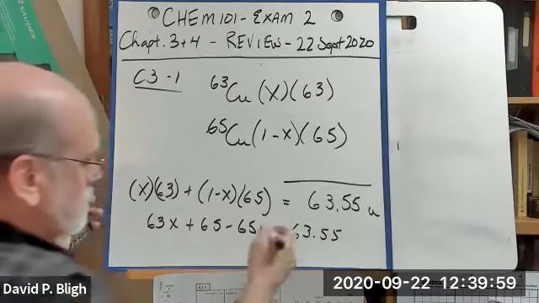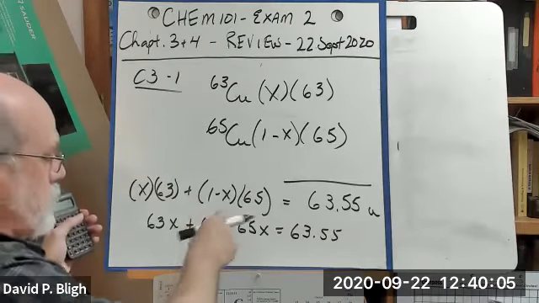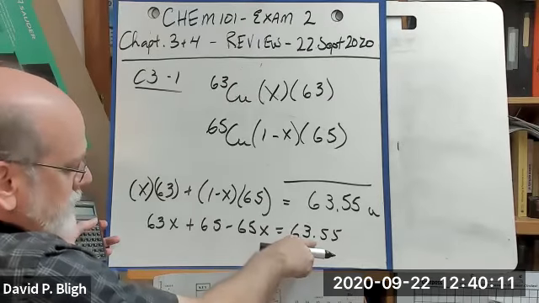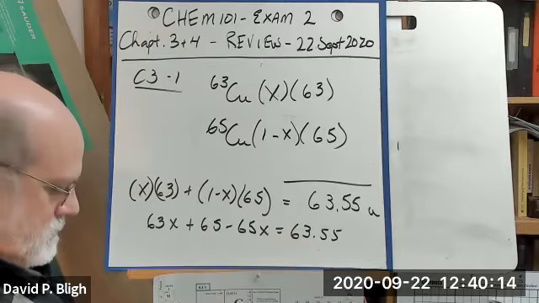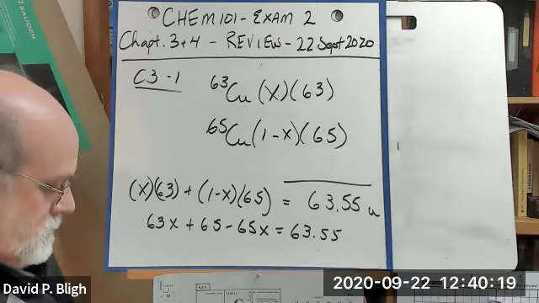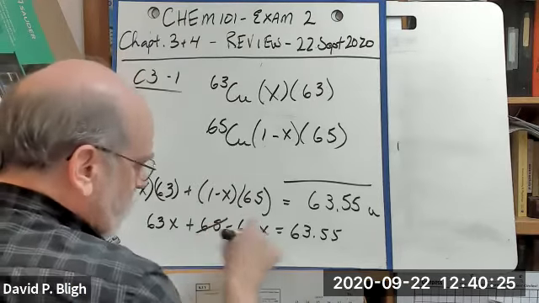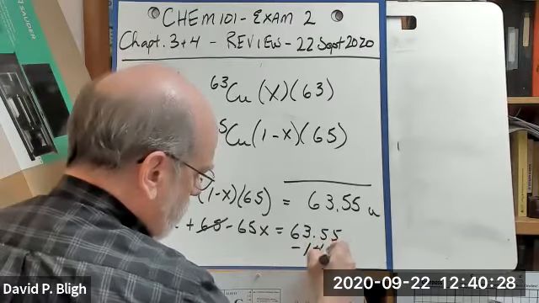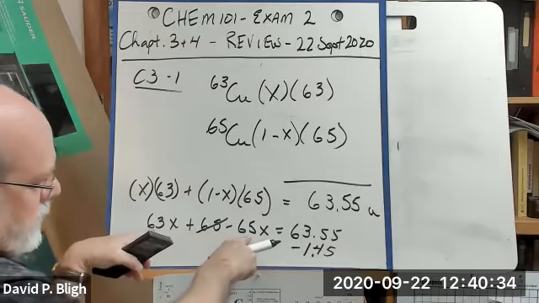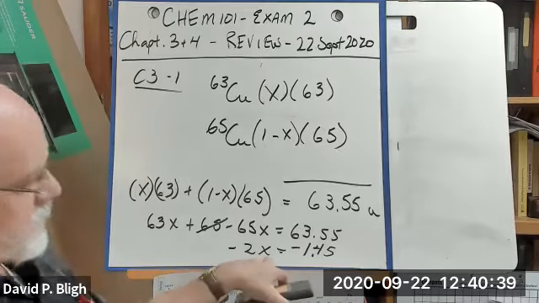You combine the numbers that have no unknowns, the whole values, 65 and 63. So this becomes a negative on that side, and this, added to a negative that, is minus 1.45. So we take this and put it over here. If you combine these two, this is a positive 63 and negative 65, minus 2x. So we solve for x.